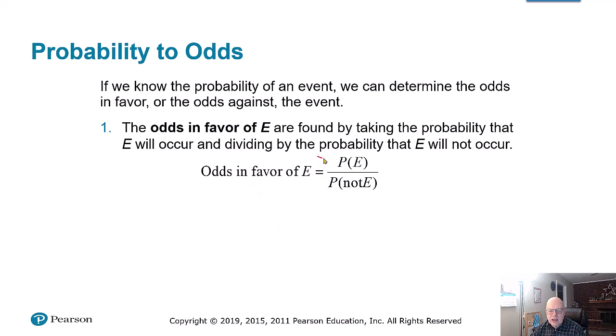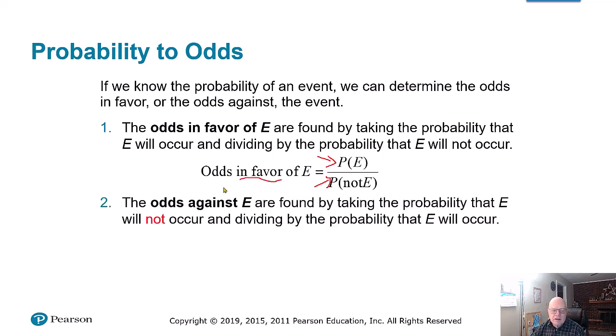So the E goes on top and the not E goes on the bottom if it's in favor. Now if you want it the other way, if you want the odds against E happening, you just swap the numerator and the denominator. Put not E on the top for against, not E on the top, E on the bottom.